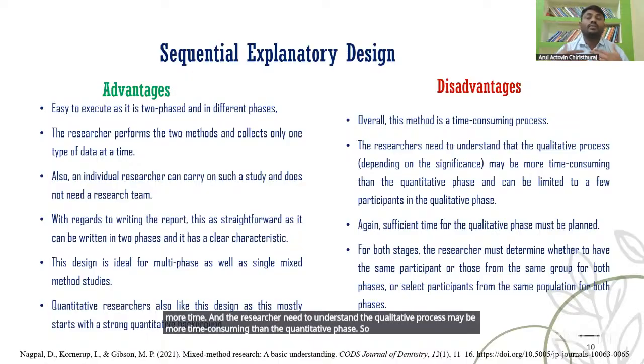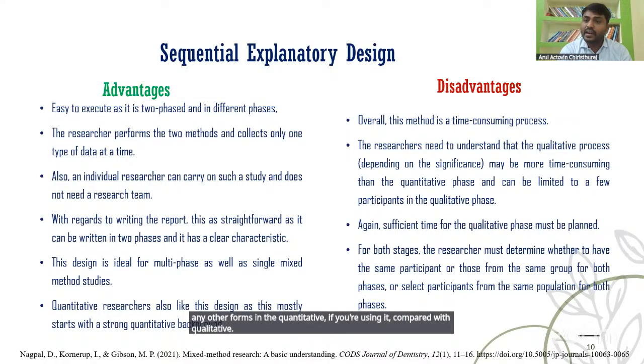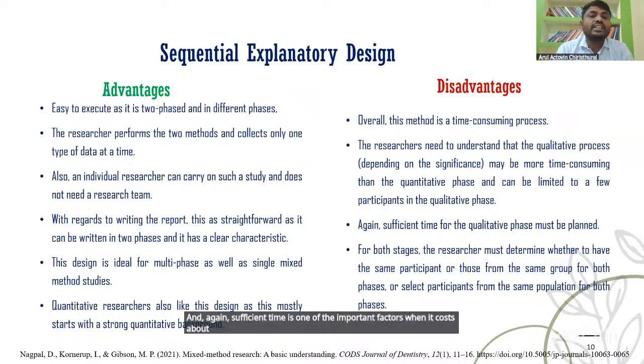If we go for quantitative, we have data collection with an interview schedule or any other forms. Compared with qualitative, it may take less time, but qualitative may take more time. Sufficient time is one of the important factors among the cons.